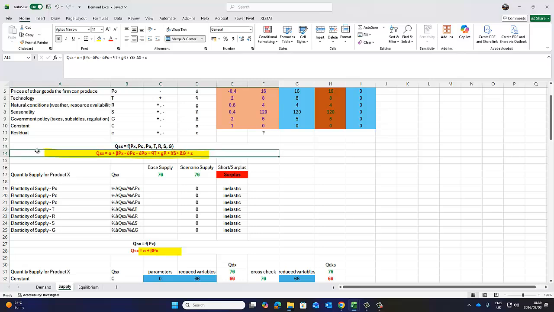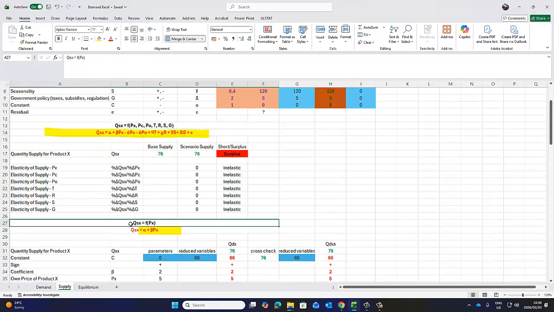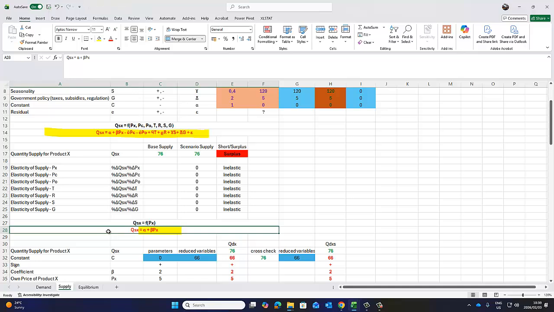Okay, then from my expanded function and expression and equation, I can reduce them to my standard supply function and supply expression. So basically what I mean when I reduce them is I just calculate all the variables that are not price, and I add those to my constant.